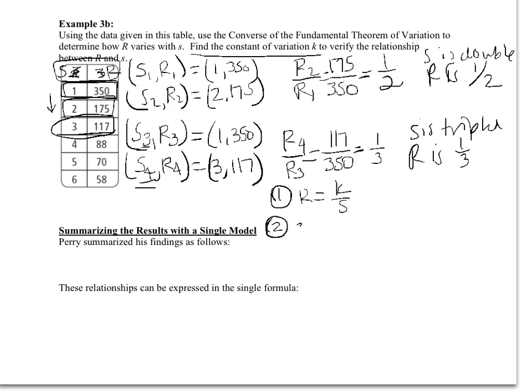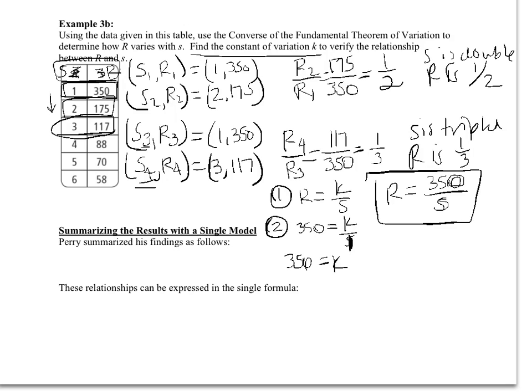So when r is 350 and s is 1, then k equals 350. Let's write our equation then. We could say r equals 350 over s.